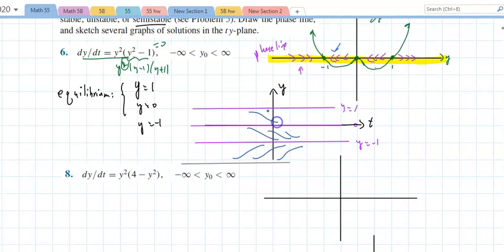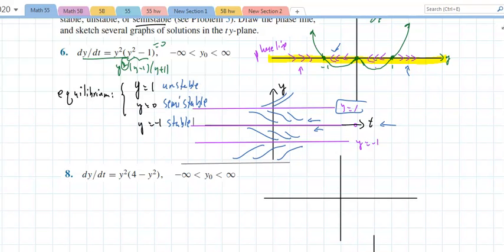Then decreasing again above, and it's increasing. So I notice y equals -1 attracts on both ends. That's called asymptotically stable. I notice y equals 0 attracts on one end and repels on the other end. That's the definition of semi-stable. And do you see that y equals 1 is repelling on both ends? That's unstable.